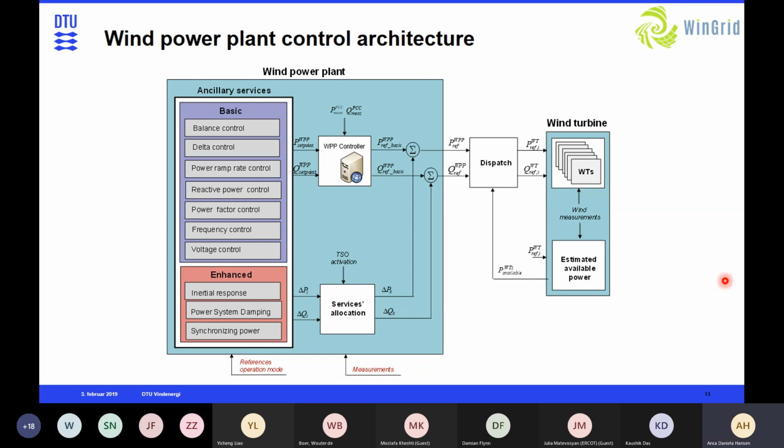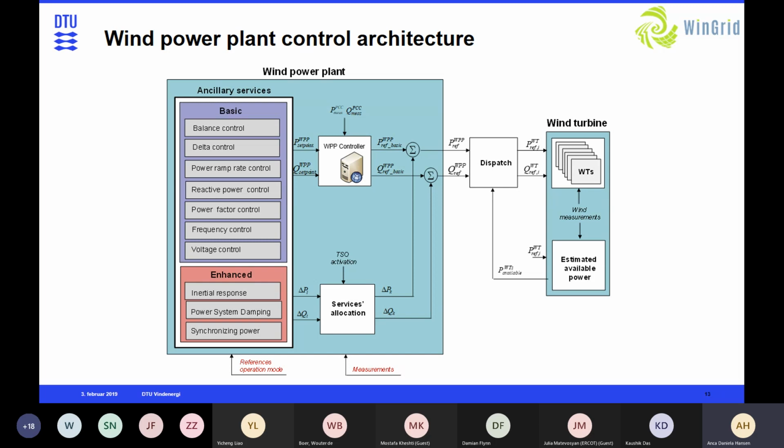This is a more detailed look at the wind power plant control architecture with the control function block, main controller, and dispatch controller. And here we have the basic control features, and we have the enhanced control services. Notice that in this implementation, the wind power plant controller has two concomitant control loops, one for active and one for reactive power.